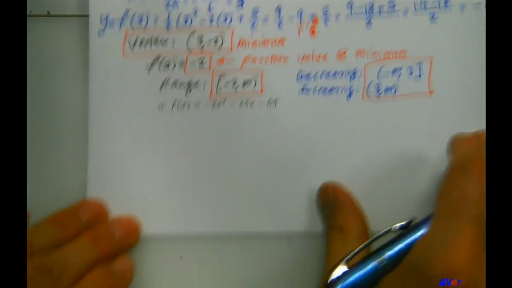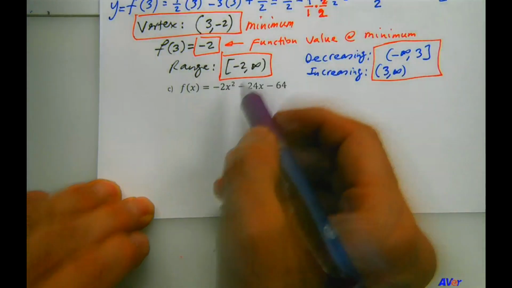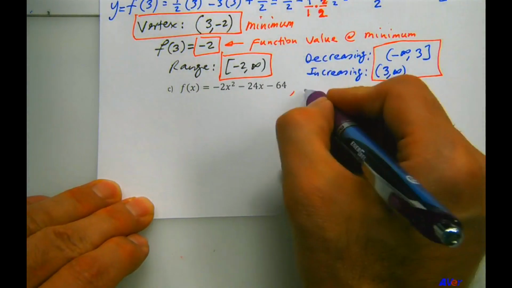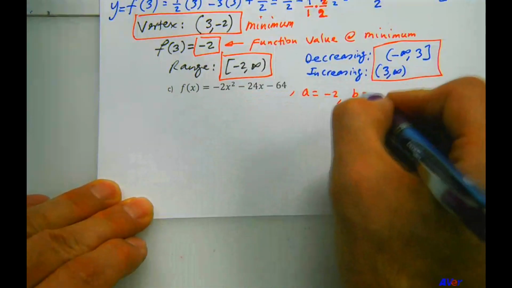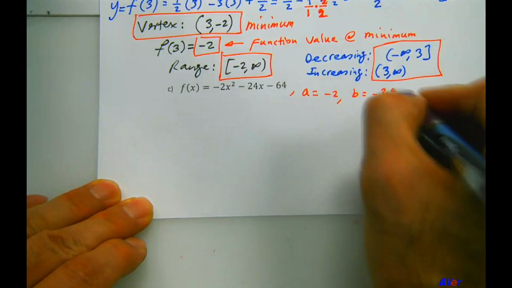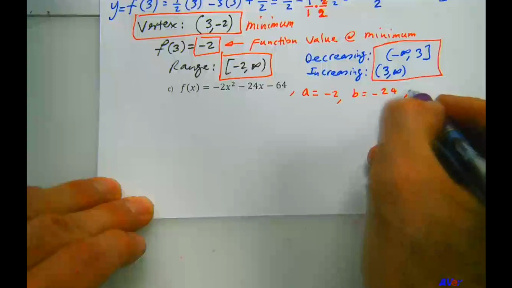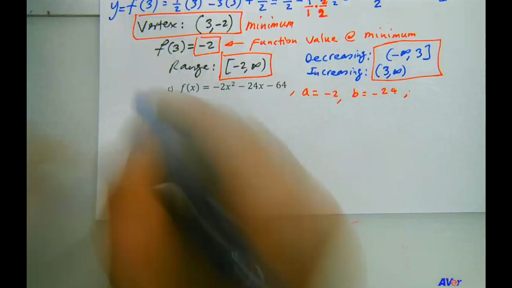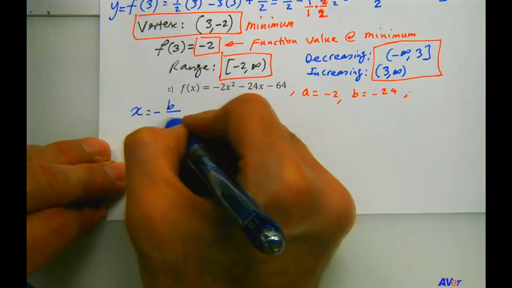So we look at this function, and once again, we have to find the coordinates of the vertex, right? So A is equal to -2, B is equal to -24, and C we don't need. So the x component, applying that formula at the top of the page, is minus b over 2a.